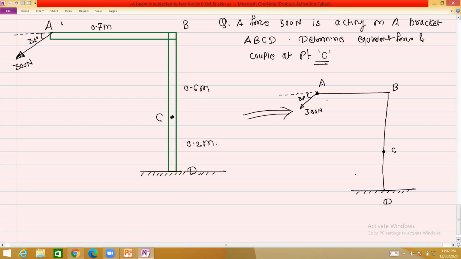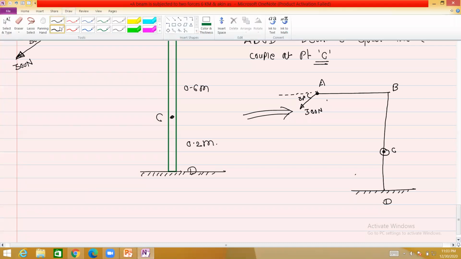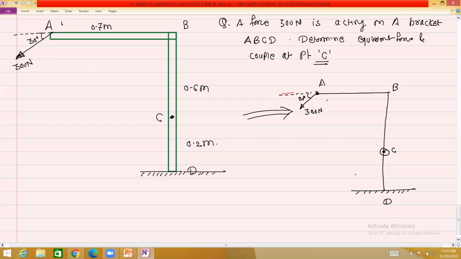So we have to convert this 300 Newton force into a single force, that is called the equivalent force at point C. To find the resultant force at point C, we can resolve this 300 Newton. So this will be 300 cos 30 and this component will be 300 sin 30.